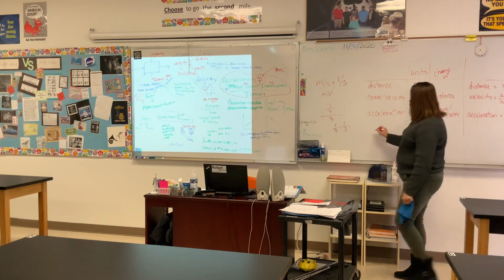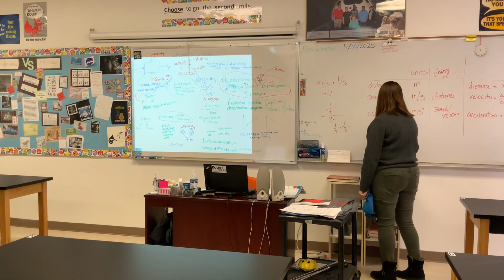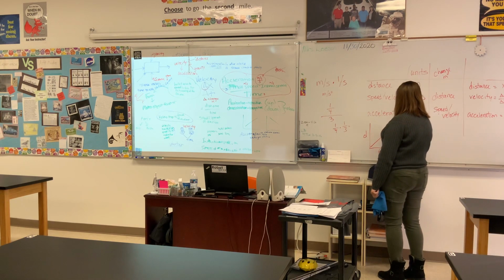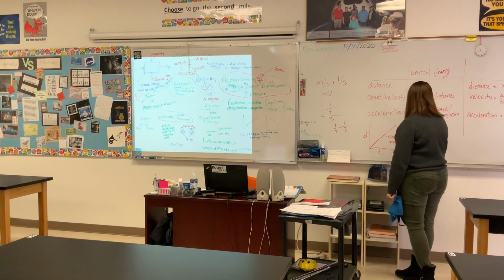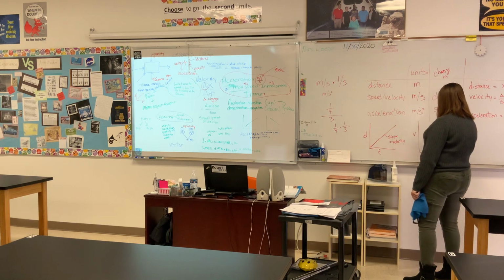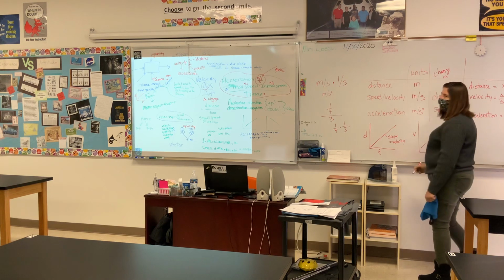Okay, if I have graphs, if I have a distance time graph and I have a slope, it's going to equal my velocity, or my speed. If I have a velocity time graph, what does the slope show me?